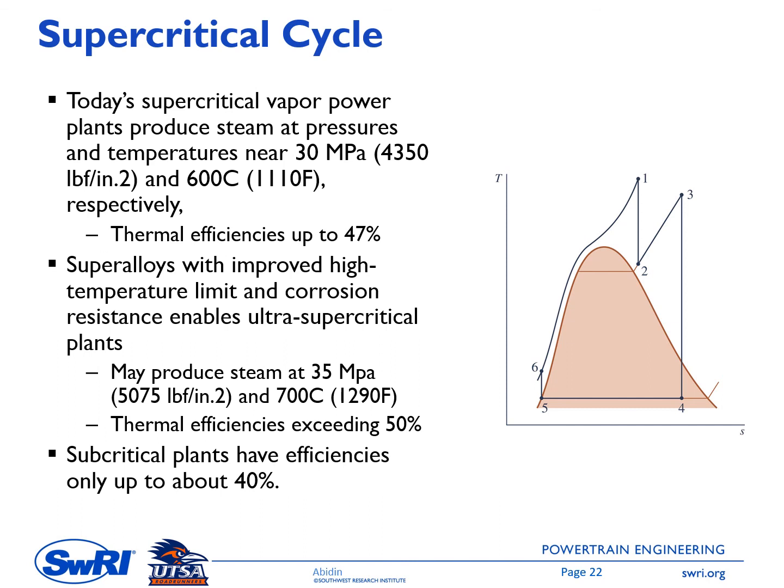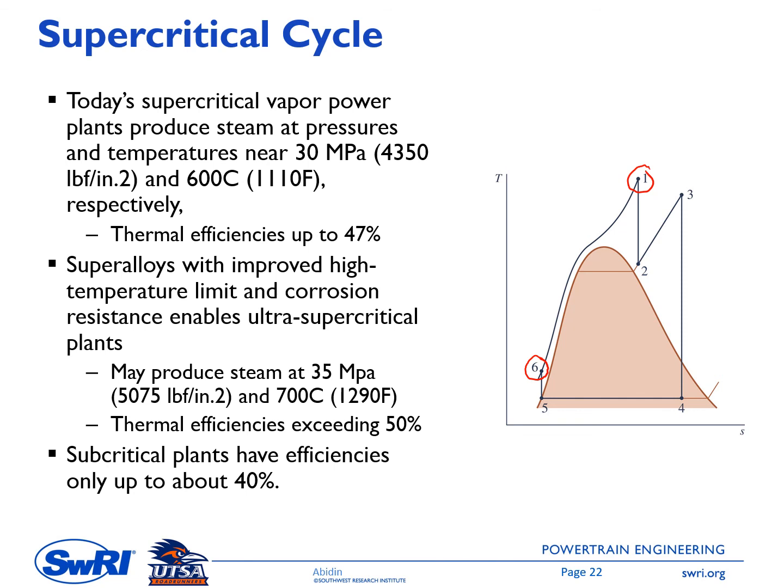Look at the TS diagram on the right side. By having a supercritical cycle, the process from 6, which is at the pump exit, to point number 1 doesn't intersect any area inside the dome. This means that we don't have a clear phase change from point 6 to point 1.